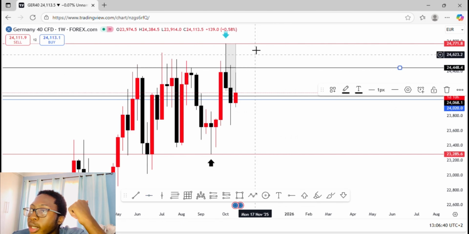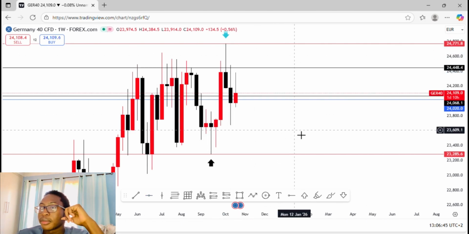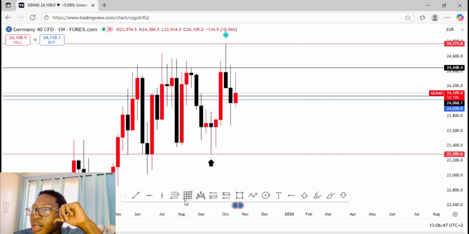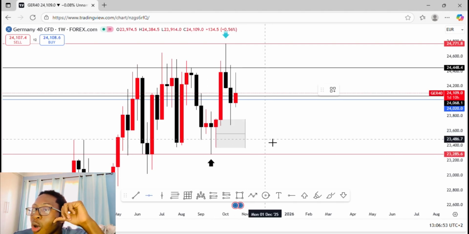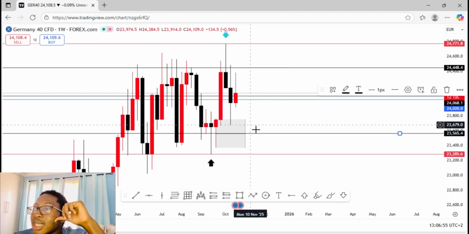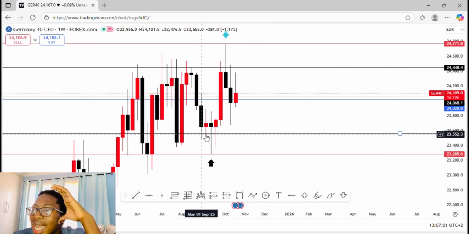I mark that zone there. Can you actually see how the market respects these equilibrium zones? If you want to see from the beginning, go to my past videos. Before you start to judge, go to my past videos. This strategy is accommodated to everyone, whether beginner, intermediate, advanced.